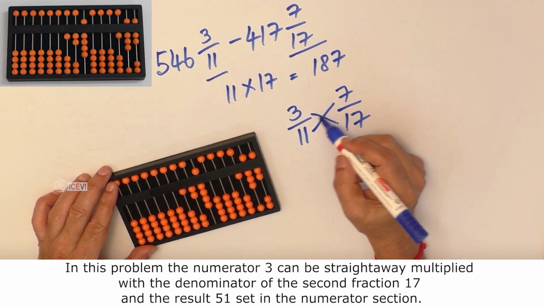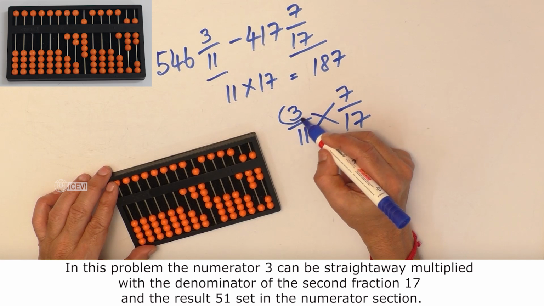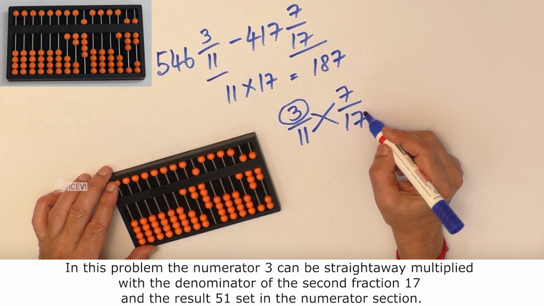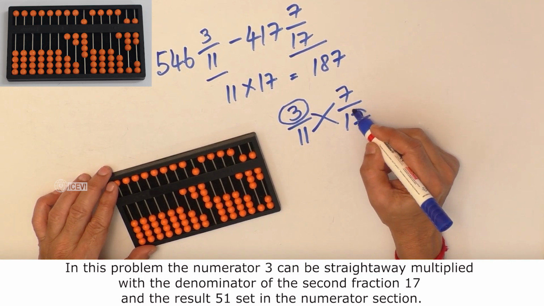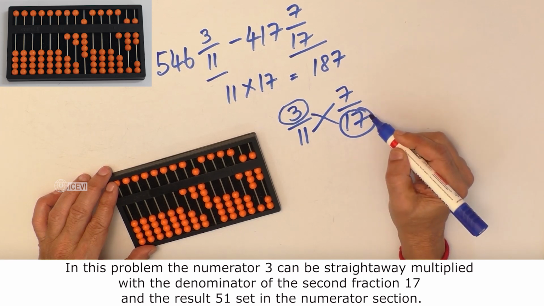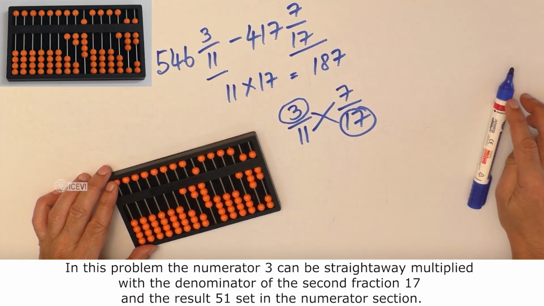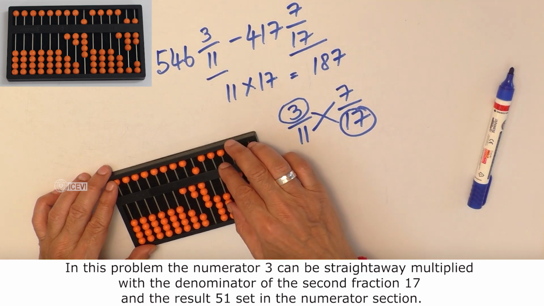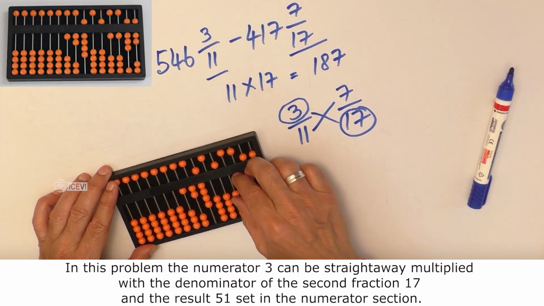In this problem, the numerator 3 can be straight away multiplied with the denominator of the second fraction 17, and the result 51 can be set in the numerator section.